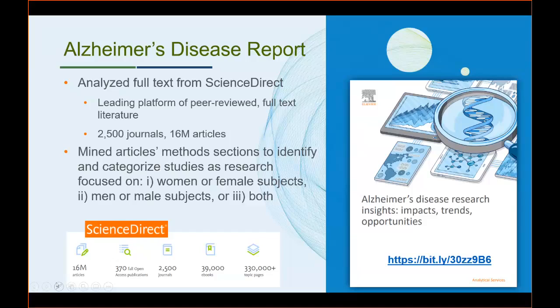We mined articles' methods sections to identify and categorize studies as research focused on women or females, research focused on men or male subjects, or both, a corpus of about 2,500 different articles. And you can find that full report at the URL that I show on the screen.